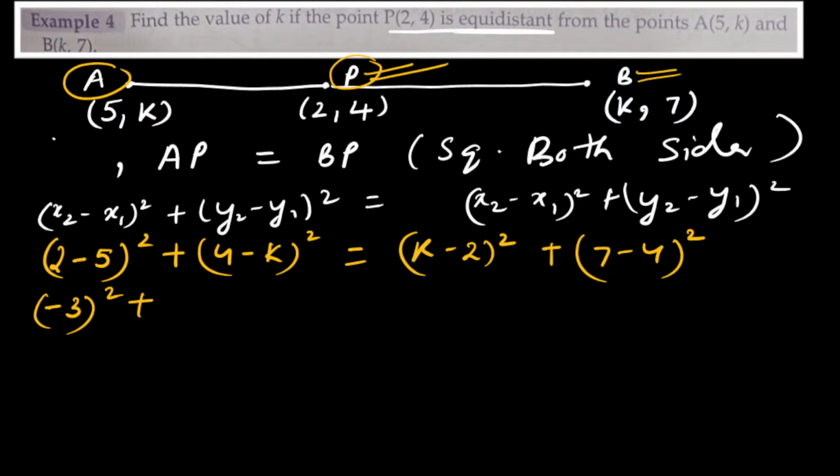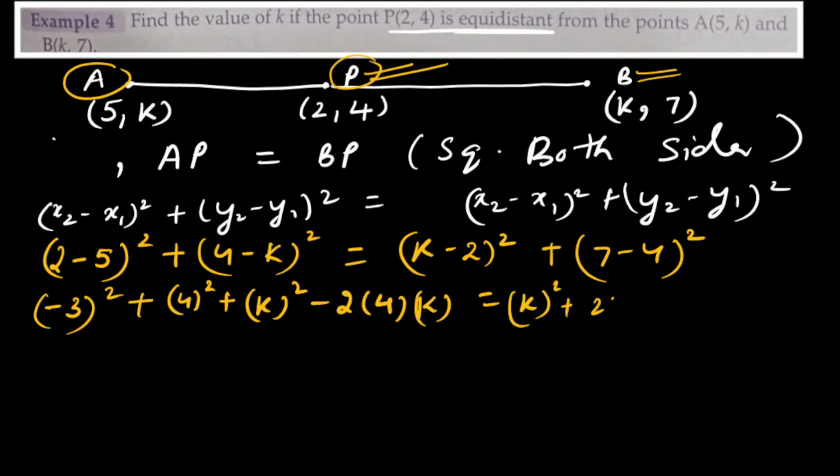Here also a minus b whole square is a square plus b square minus 2 into a into b, plus 7 minus 4 is 3.